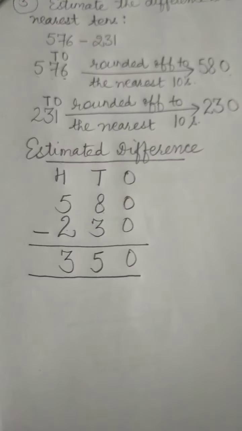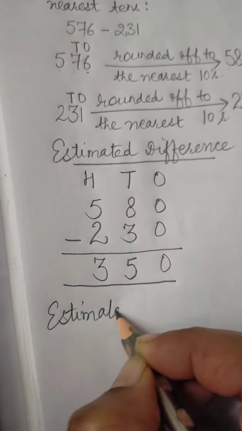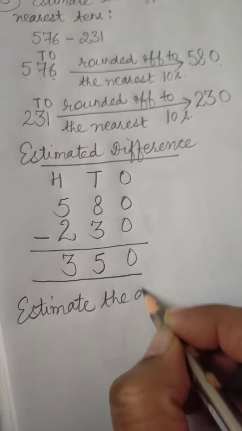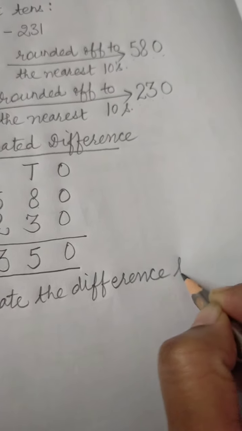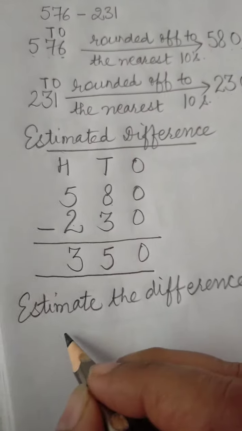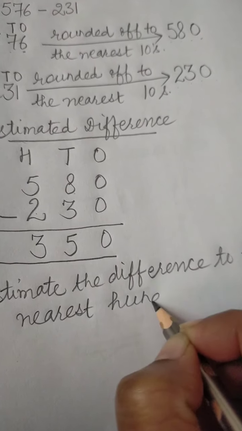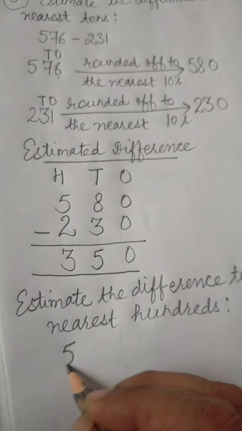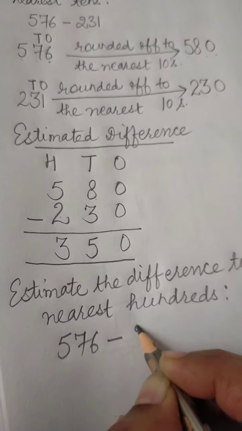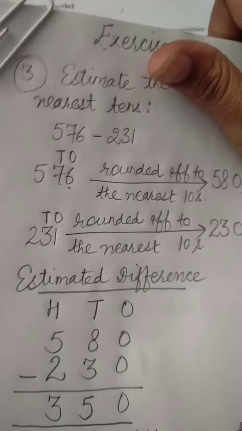Now in the next part we have to estimate the difference to the nearest hundreds. Same question we have to do: 576 minus 231. Firstly we will estimate these to the nearest hundreds.